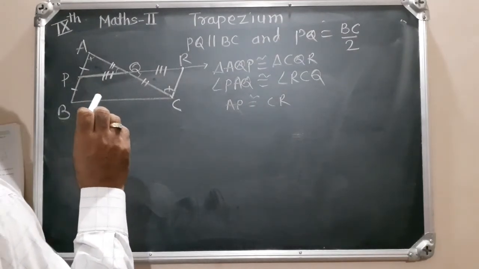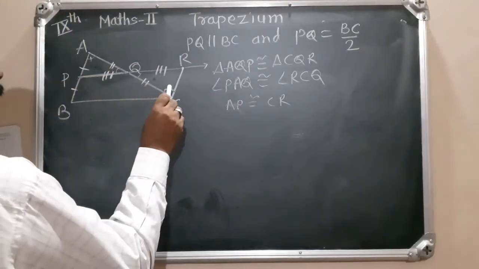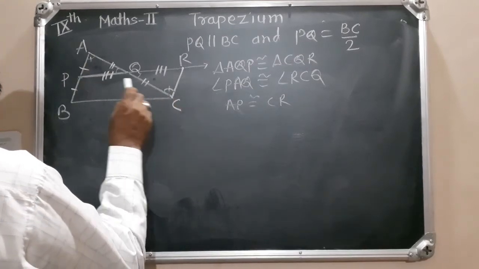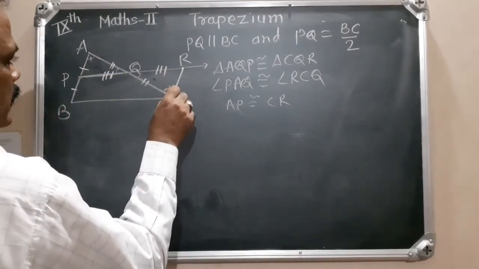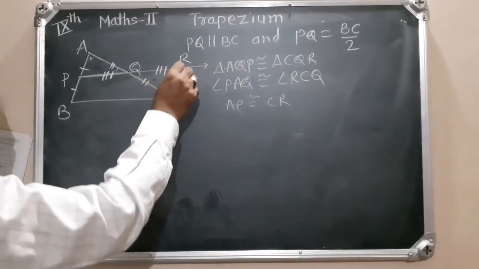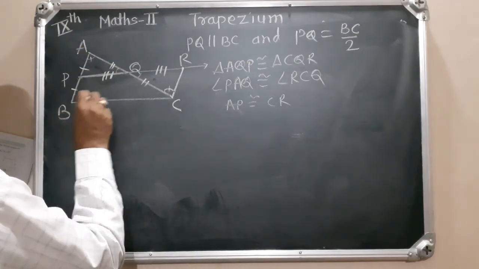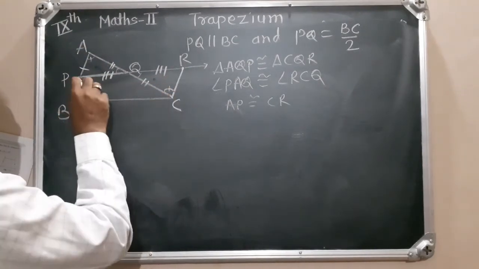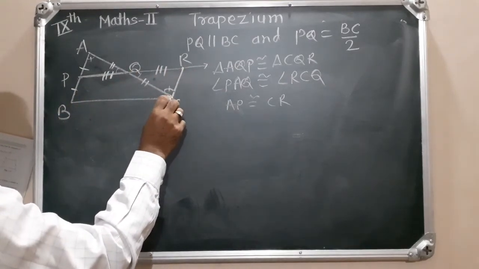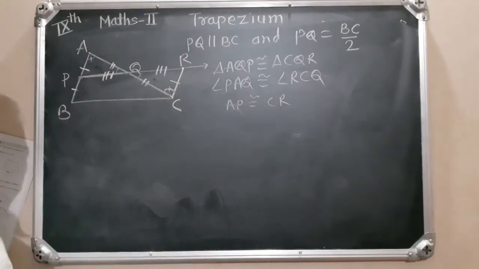If these two angles are congruent, this is a pair of alternate angles, therefore this line is parallel to this line. That means AP is parallel to RC. That means AB is parallel to RC. That means PB is parallel to RC. And we know that AP is congruent to CR.